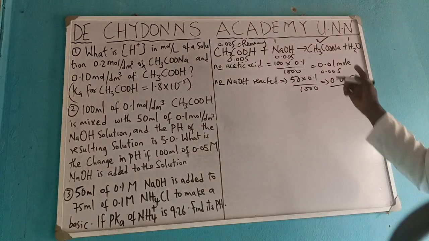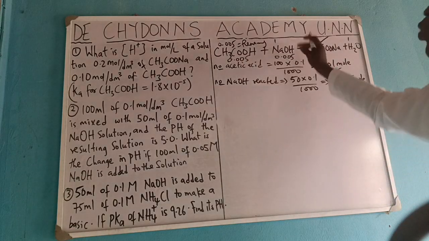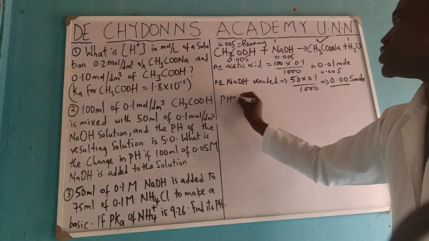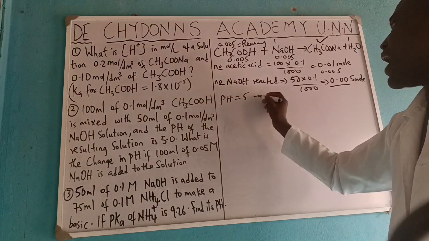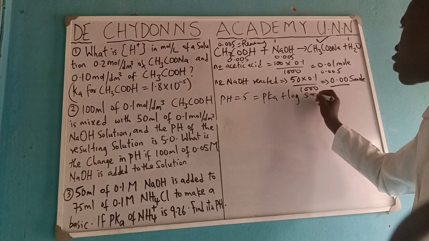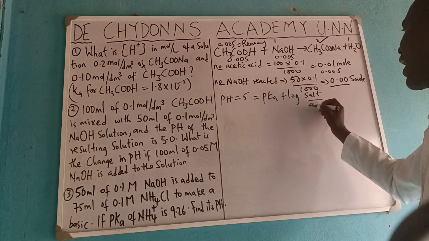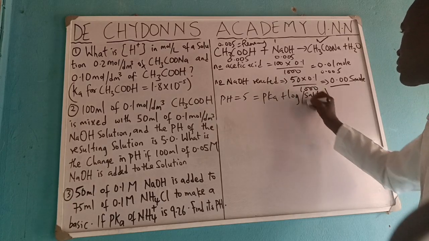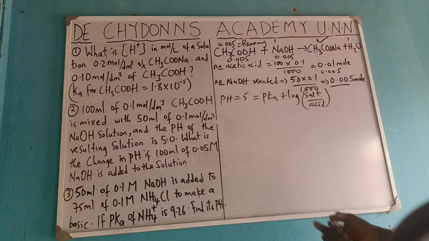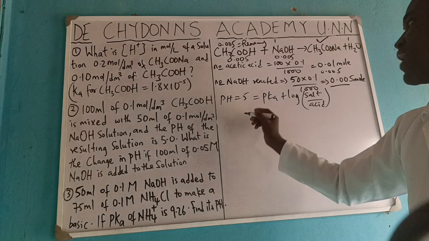Yes. So they gave you the pH for this solution. Your pH equals 5, and pH equals pKa plus log of the concentration of salt over acid. Now the pH is 5.